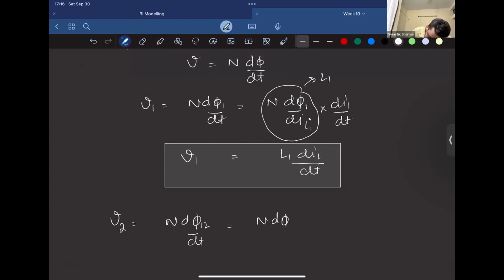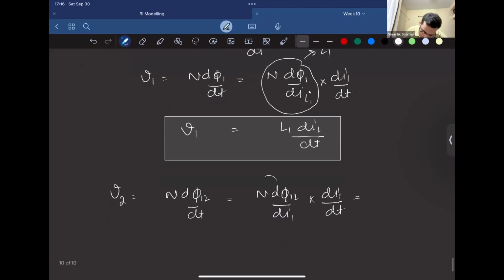Again, doing the same thing, as it's being produced by the I1 current, this term is called mutual inductance, which can be written as M21. Mutual inductance of two, where one is the initiator, producing the flux for it. So this is nothing but M21 di1 by dt.